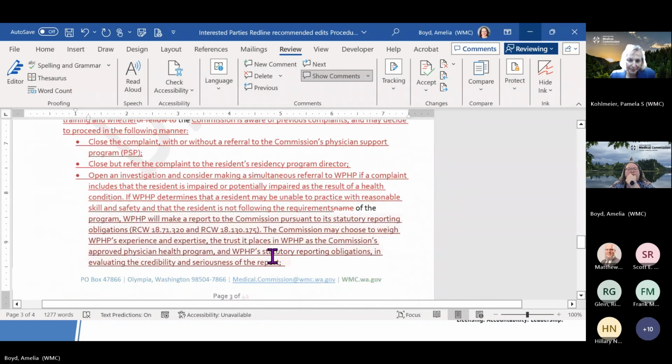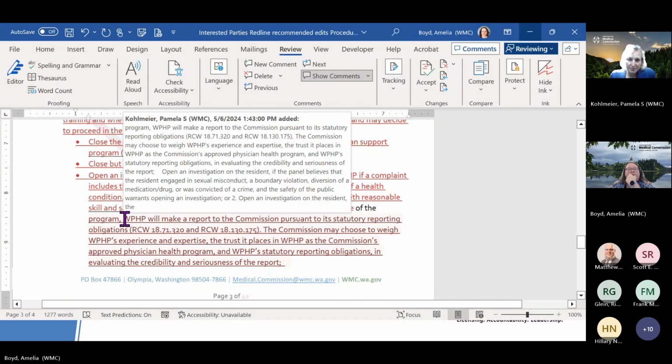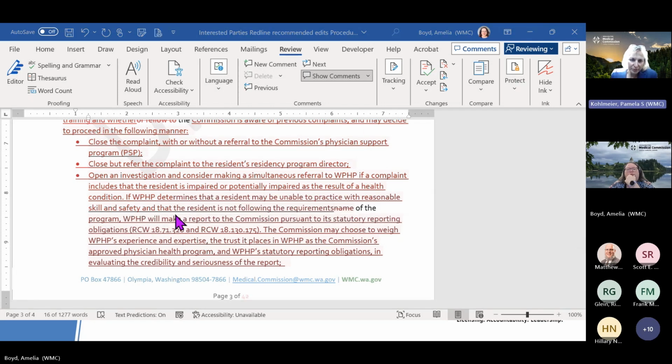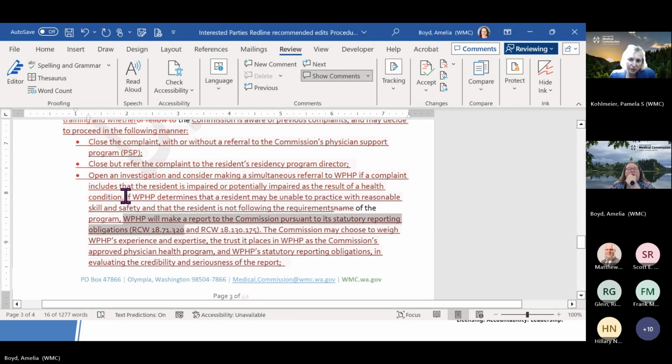Yep. Even further up, start with if WPHP determines. Yep.